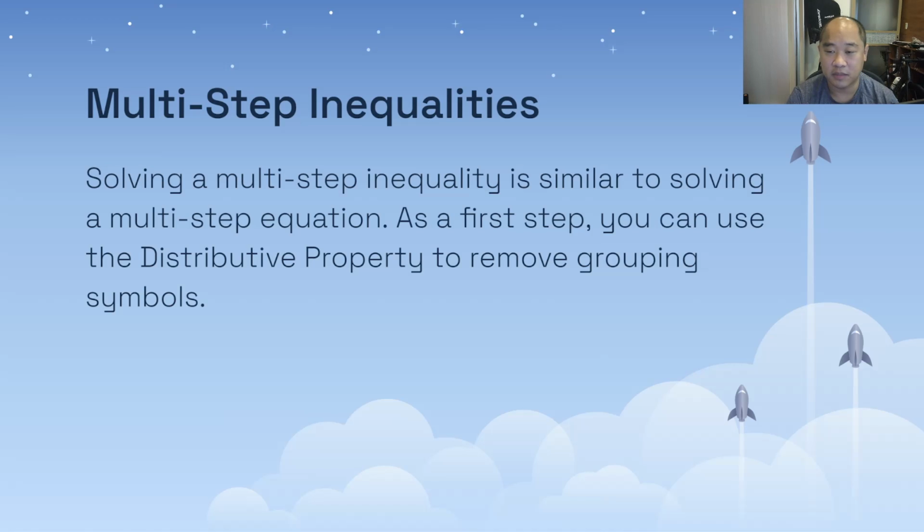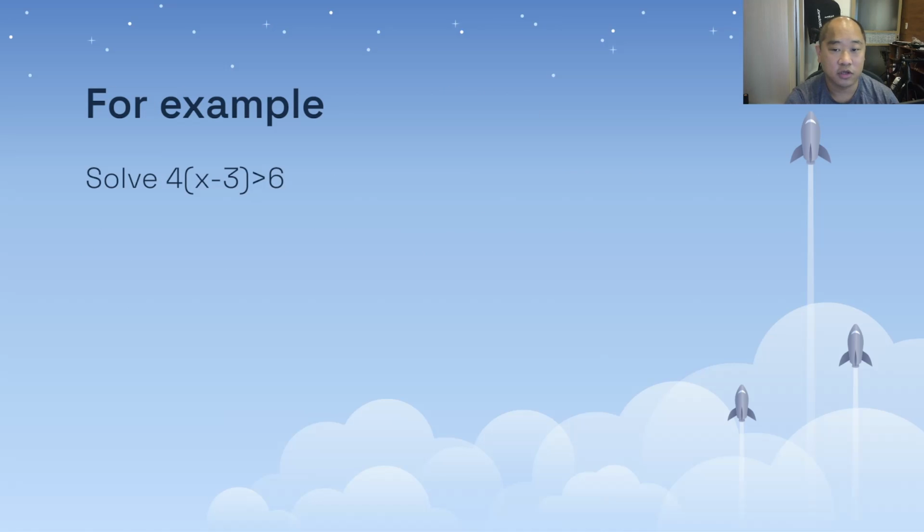Solving a multi-step inequality is similar to solving a multi-step equation. As a first step, you can use the distributive property to remove groupings if you need to. So we're going to do that. We're going to distribute this 4 to this x, and negative 3 is greater than 6. And then we'll just add 12 on both sides to get 4x is greater than 18.